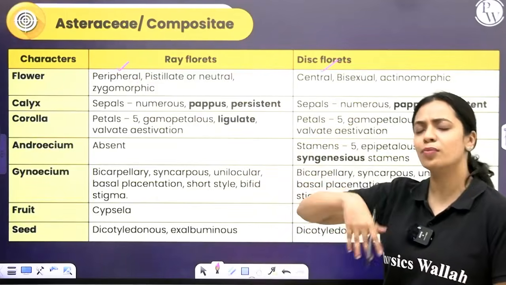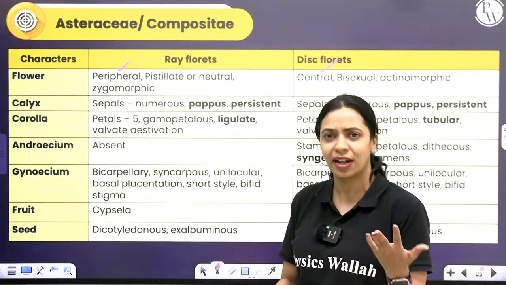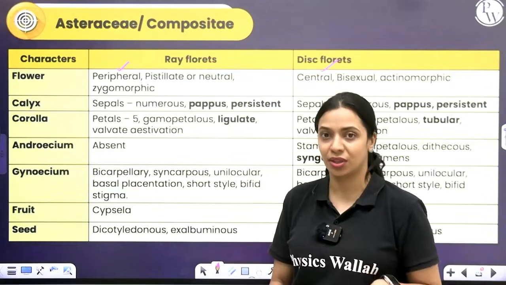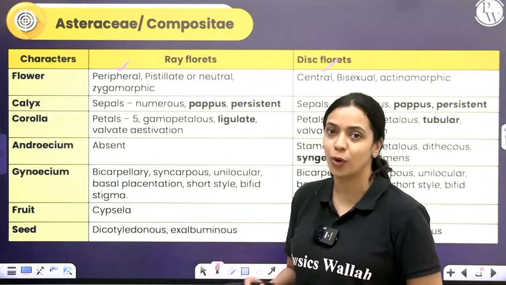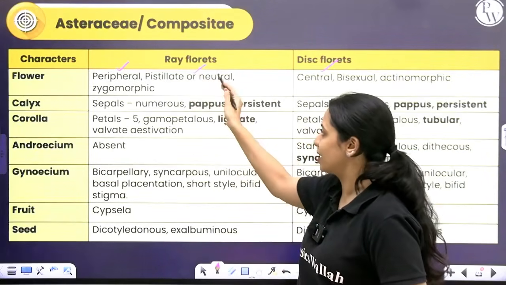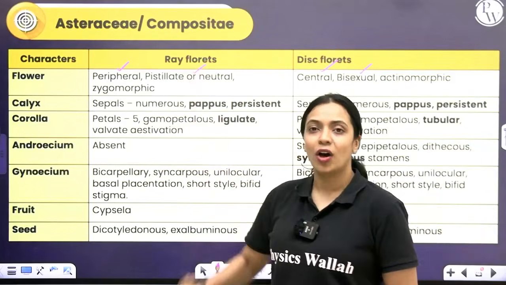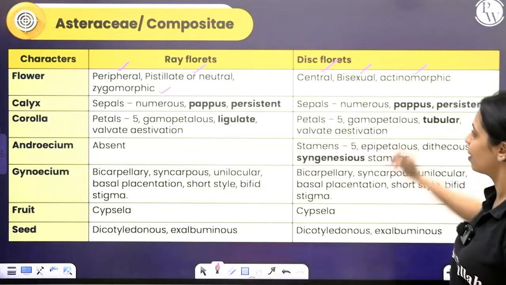Ray florets in most cases are pistillate, unisexual, with only gynoecium, no androecium. Very rarely it may not have gynoecium also, in which case we say it is neutral. If it is neutral, what is the point of that flower? It is involved in attracting the pollinators. Okay, so it may be pistillate or neutral, and here it is bisexual. Ray florets are zygomorphic, whereas disc florets are actinomorphic.